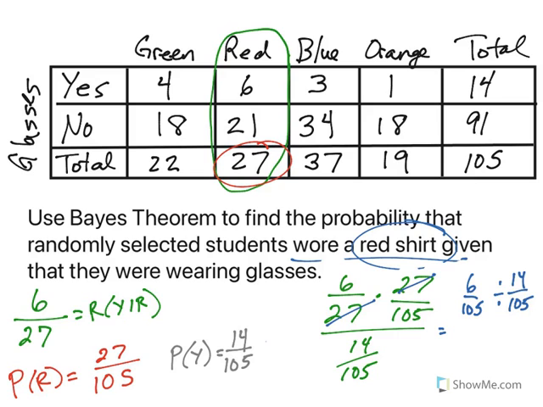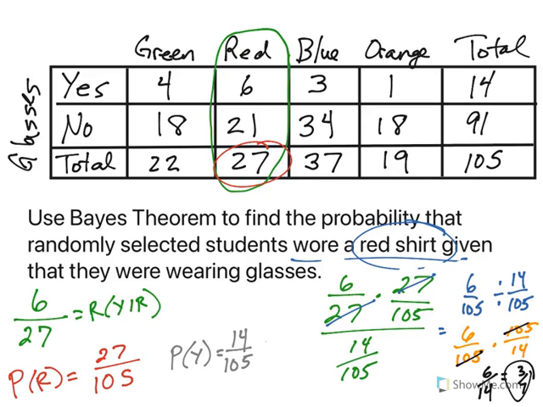If you know how to divide fractions, you take keep, change, flip, which means my 105s cancel out, and I'm left with 6 over 14, which reduces to 3/7. So this is the probability that a randomly selected student wore a red shirt given that they were wearing glasses.